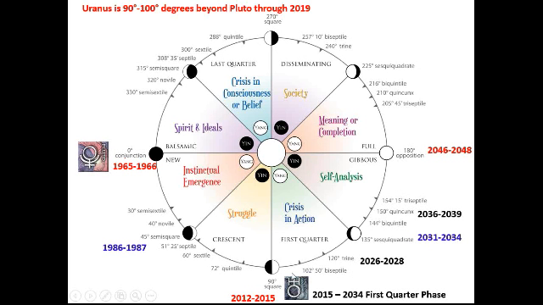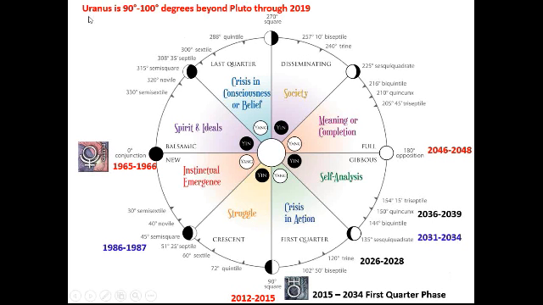And Uranus has now moved around to be... Oh, I erased the wrong slide. I had all the other stuff taken out. Here is Uranus in that first quarter square to Pluto.